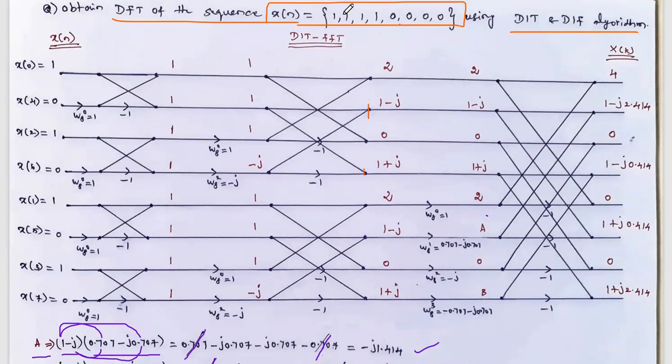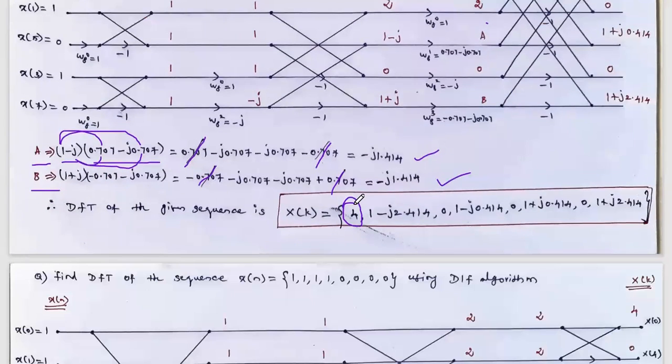Our problem is x of n equal to four ones and four zeros, so if you add all samples, the answer is 4. In any DFT answer, the first answer is the addition of all the x of n values.